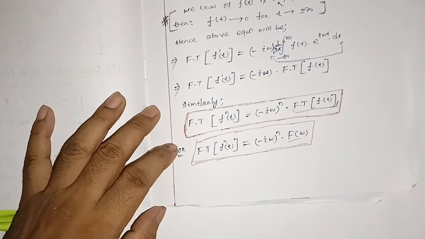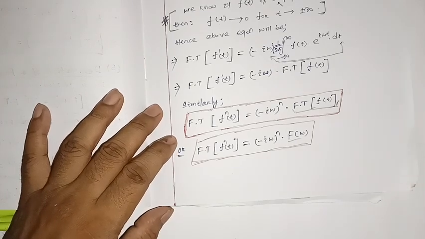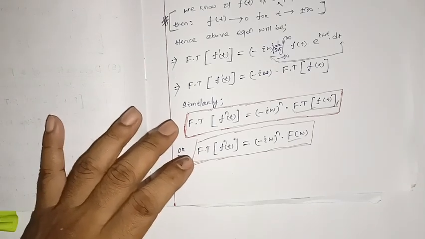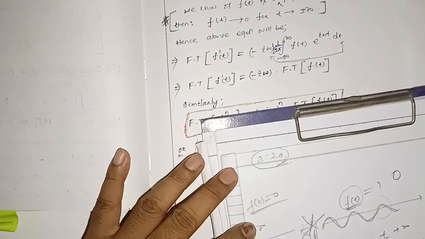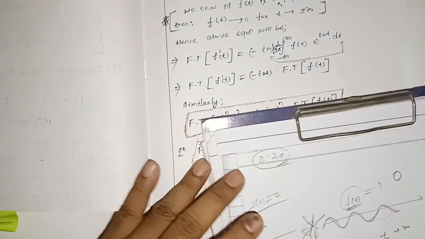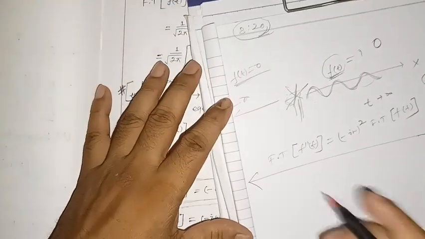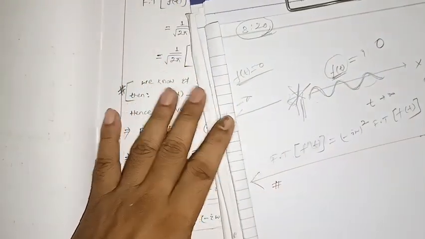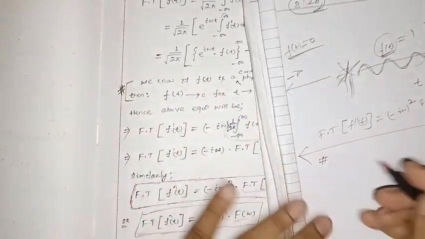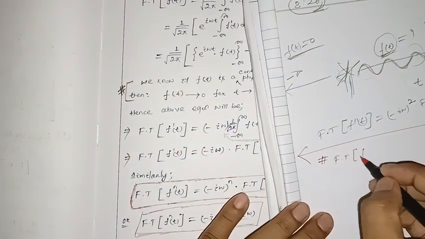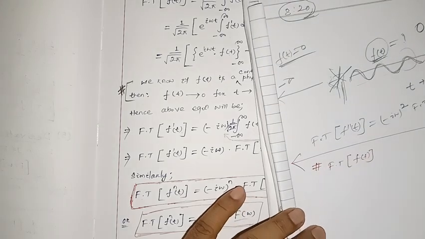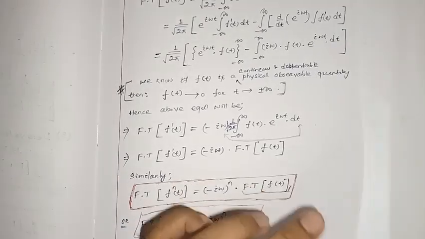So what type of question can you face in your exam? 1 or 2 mark multiple choice questions or short questions based upon this property. Here I am going to do one example for you. Same example I considered previously for property number 5.